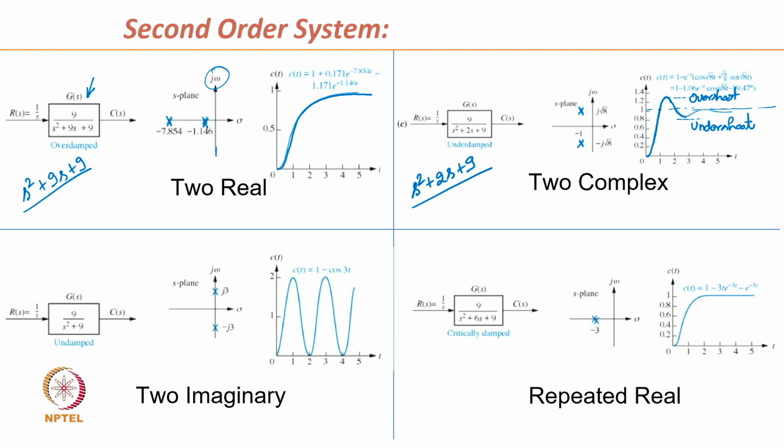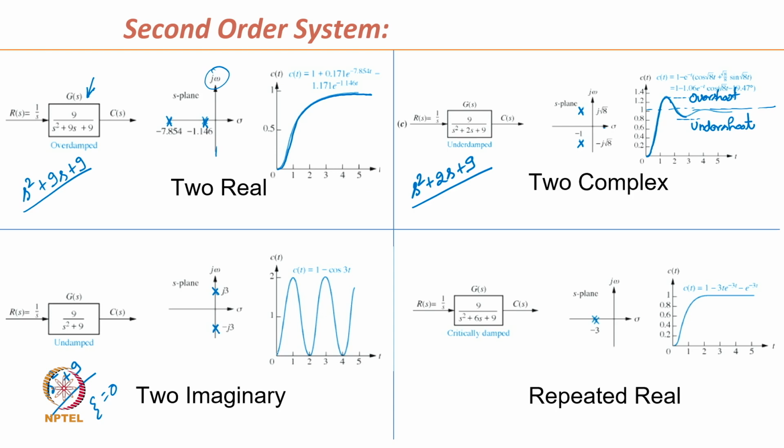The third case is where we have this type of equation, s square plus 9, where this zeta is 0, and in this case if we plot the roots of this equation on the real and imaginary axis, they come out here where both are imaginary without a real part.